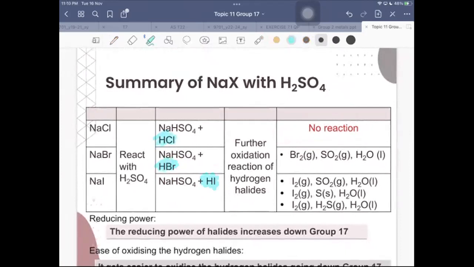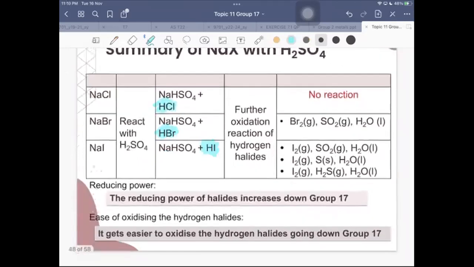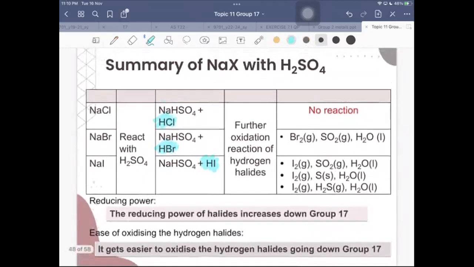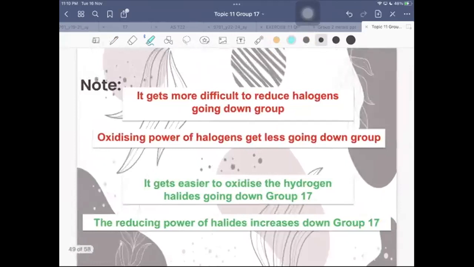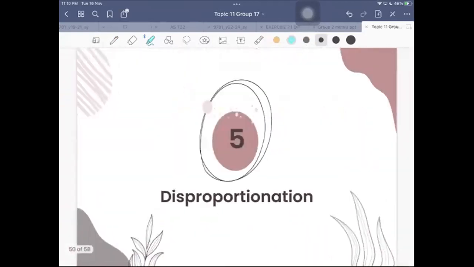Since there's no further reaction, hydrogen chloride is the weakest reducing agent, or we say that it has the weakest reducing power, whereas hydrogen iodide has the strongest reducing power, it is the strongest reducing agent. So that's just to summarize it. Make sure you read them and understand them. Don't get them confused because halogens and halides have opposite relationships.